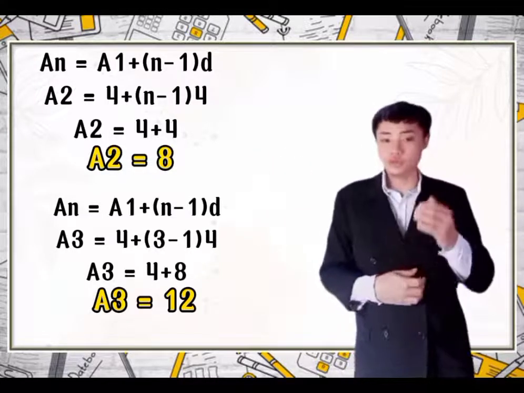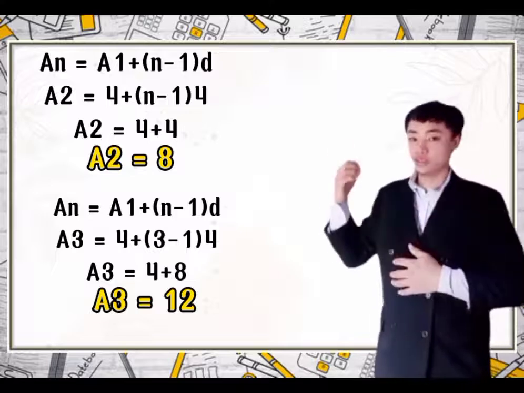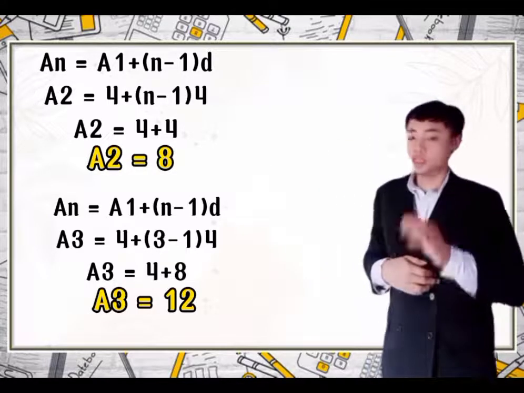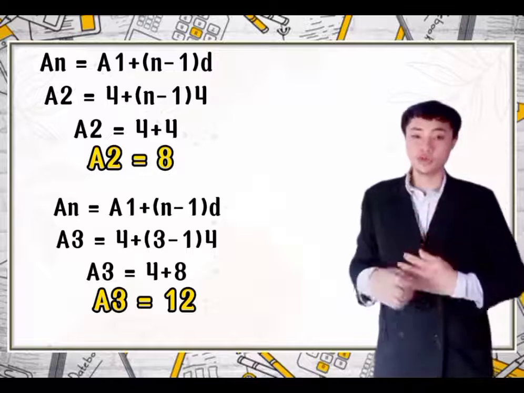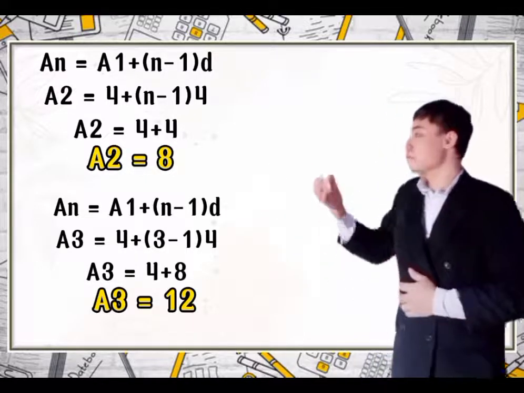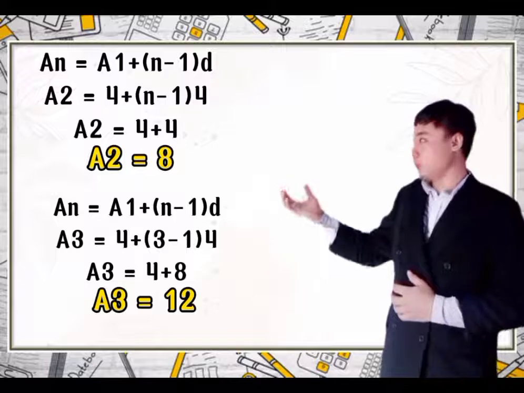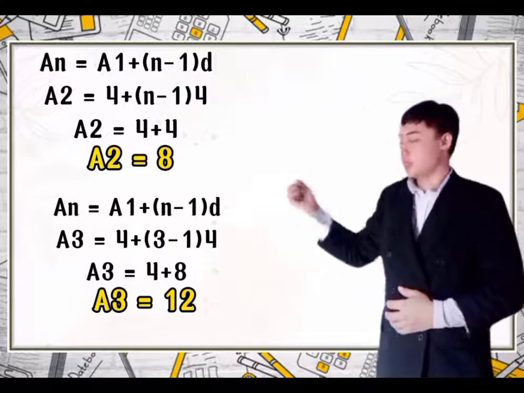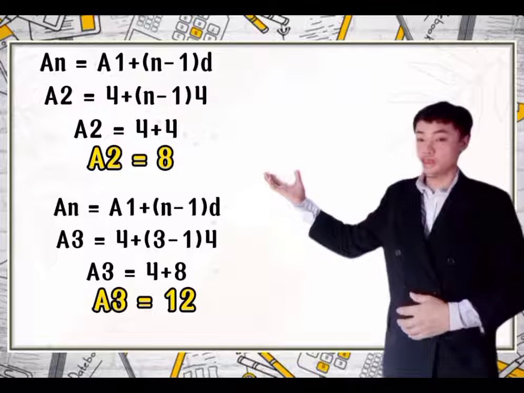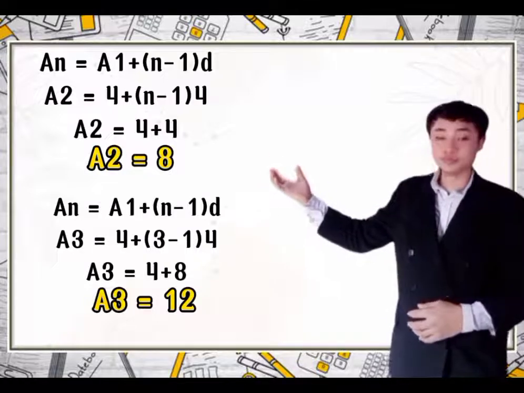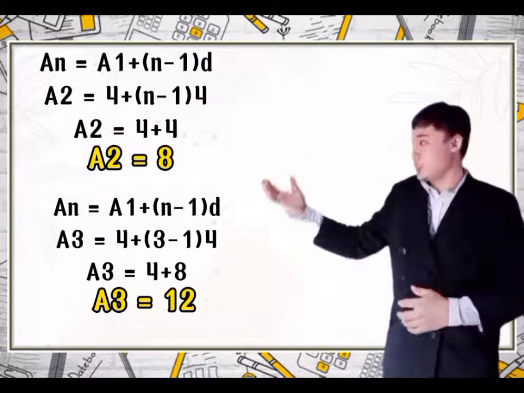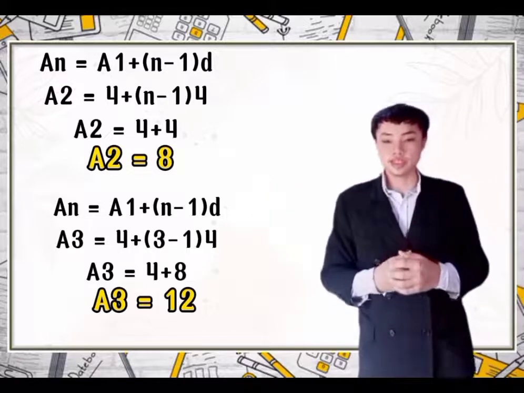Now let's proceed to the third term. Same as the second term, we're going to follow the arithmetic sequence formula. a sub n equals a sub 1 plus n minus 1 times d. a sub 3 equals 4 plus 3 minus 1 times 4. a sub 3 equals 4 plus 8.